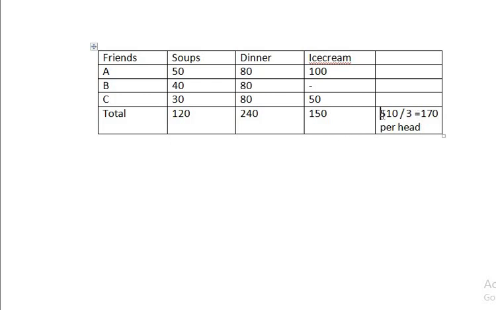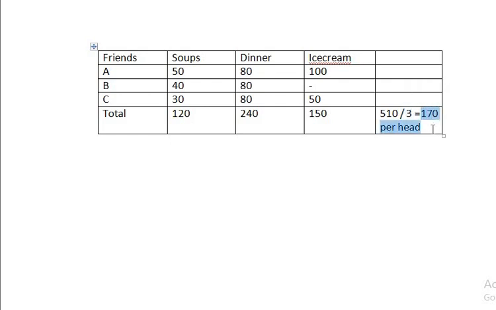This is the traditional method of costing. The total cost is divided by a blanket rate.